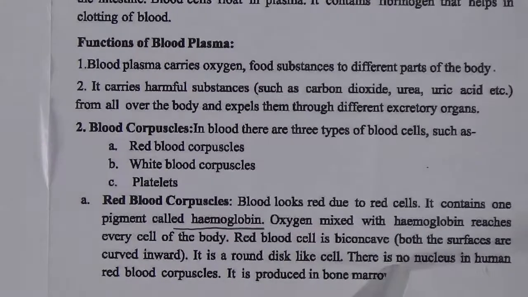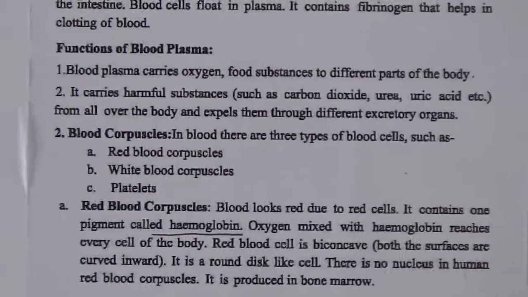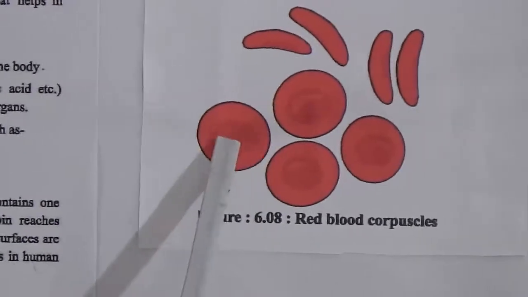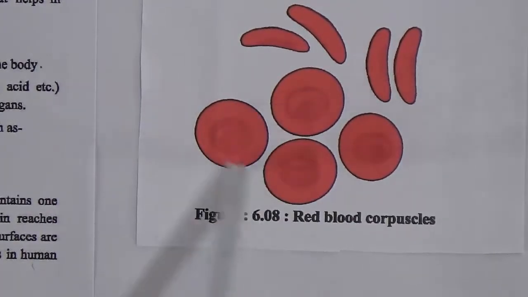It is a round disc-like cell. There is no nucleus in human red blood corpuscles. It is produced in bone marrow. If you see this picture again, there is no nucleus.